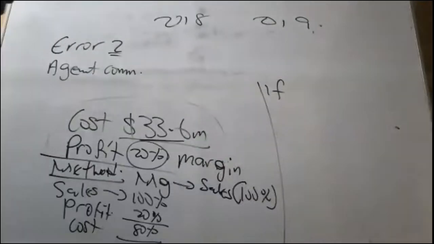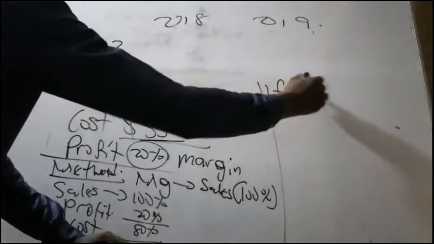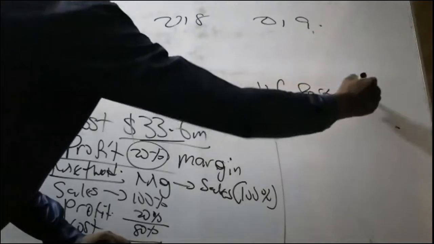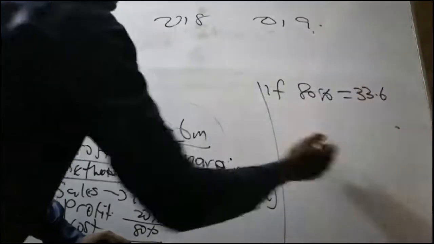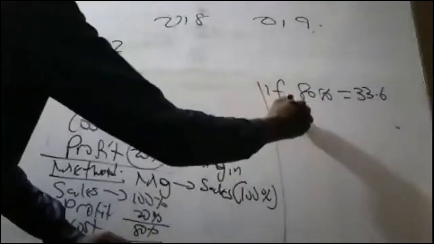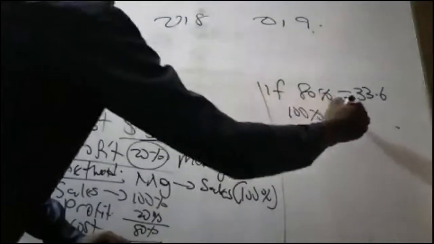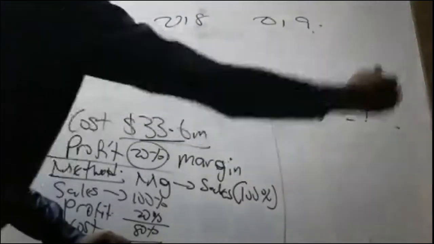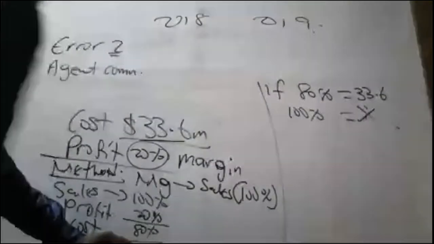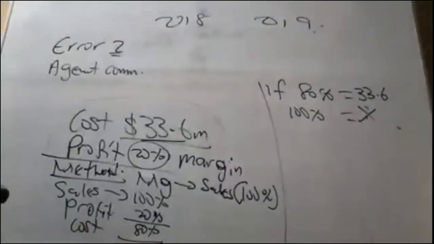If 80%, which represents the cost, is equal to 33.6, then 100%, which represents the sales, will be what? Question mark. We don't know. And you solve for it. Good.